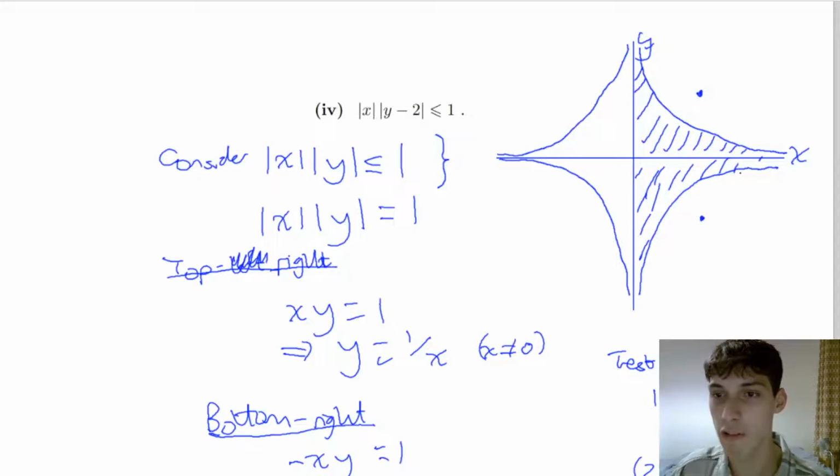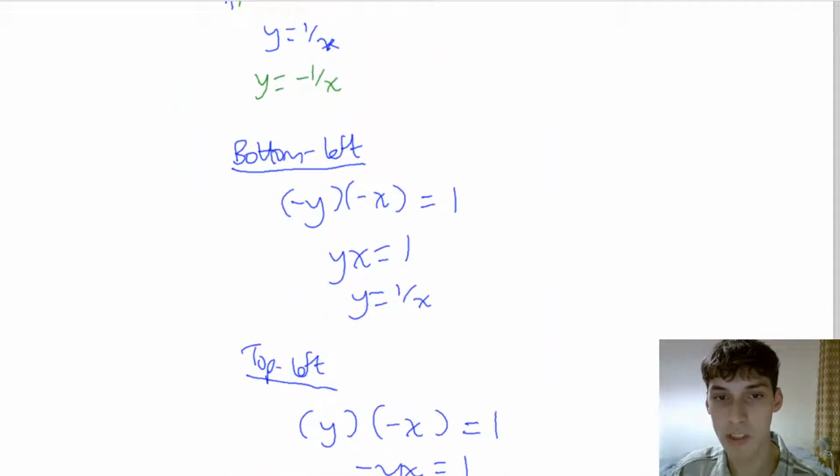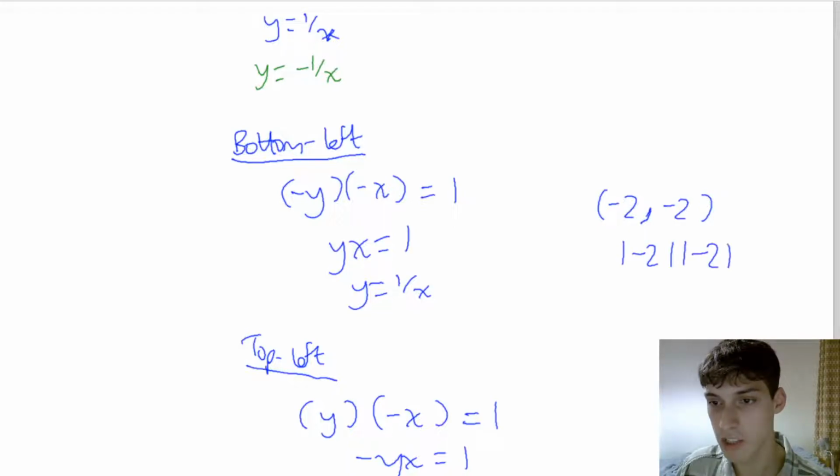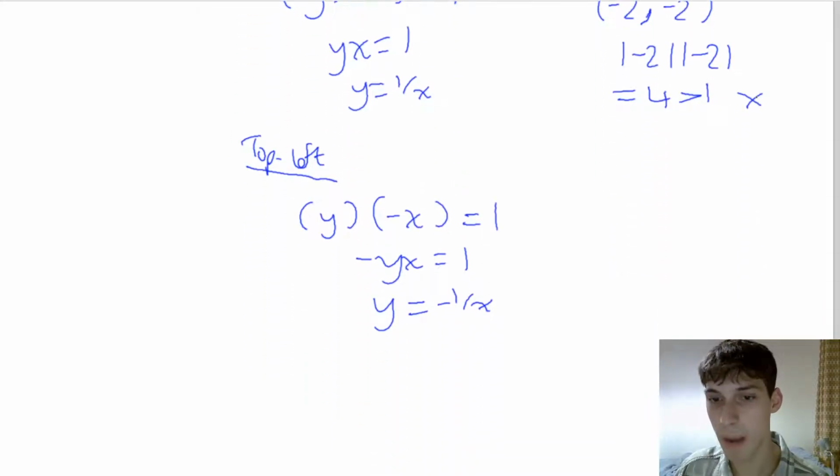So I will just go through them very quickly. Bottom left, we'll do minus 2, minus 2. Just by substituting this into the equation, the modulus of minus 2 times the modulus of minus 2 is equal to 4, which is greater than 1, so it doesn't satisfy it again.